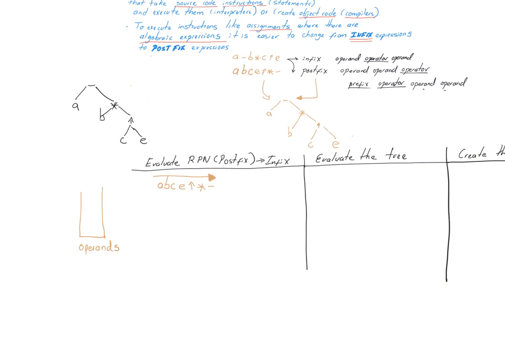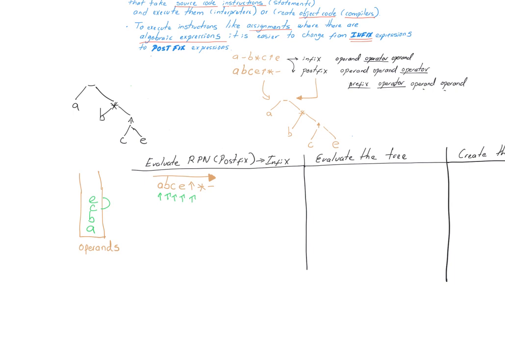So from left to right, if I find an operand, I put it in the stack, and if I find an operator, I take the last two elements, execute that operation and put it back in the stack. So first, I find A, so I put A here. I find B, I put B here. I find C, E, right? Then I find an operation, so I take the last two elements and make that operation, and put it back in the stack.